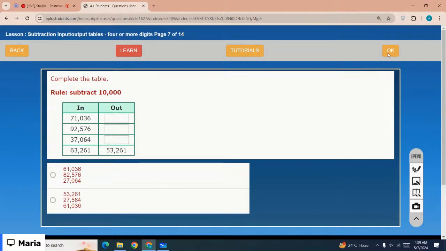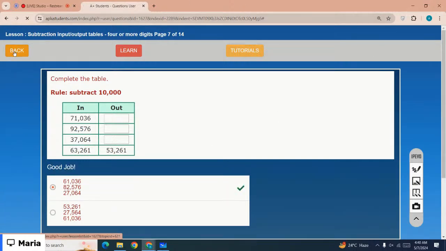Which is the correct option? Option number one. Okay, you can complete the lesson by yourself later today.